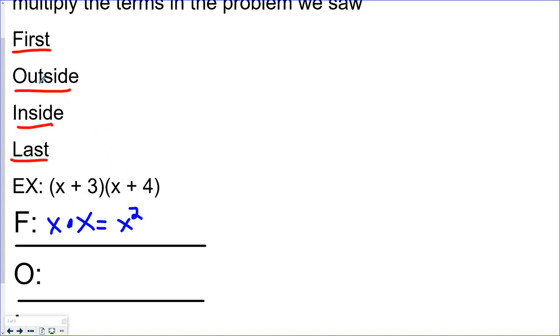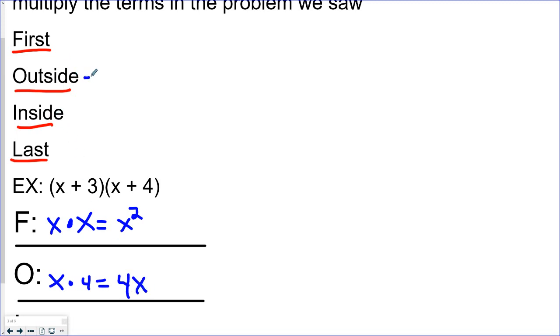Then the O says multiply the outside terms. So this says look at the entire expression. What are the outside-most numbers in this entire expression? Well, x here is kind of on the outside. It is the outermost number, the leftmost number. And 4 is the rightmost number, so it's kind of on the outside as well. So this says multiply x times 4 and get 4x.